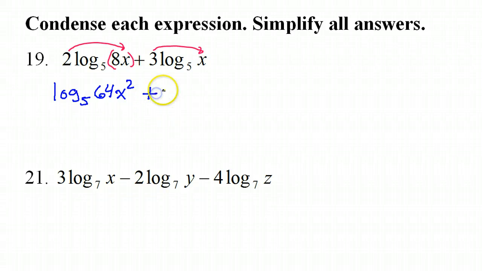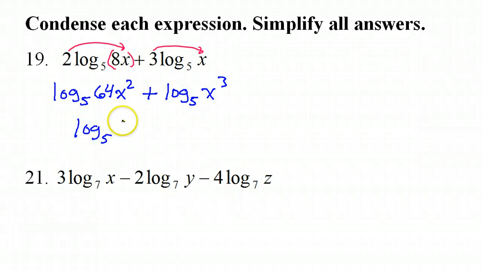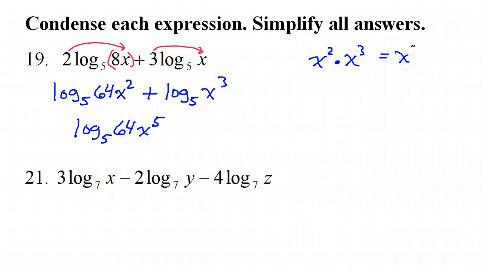Okay, and then this is still plus for right now. Log base 5 of x to the 3rd power. Okay, so using the product rule, I will put these together and I will multiply them. So that's going to be log base 5 of 64 x to the 5th power, because x squared times x to the 3rd power is x to the 5th power.